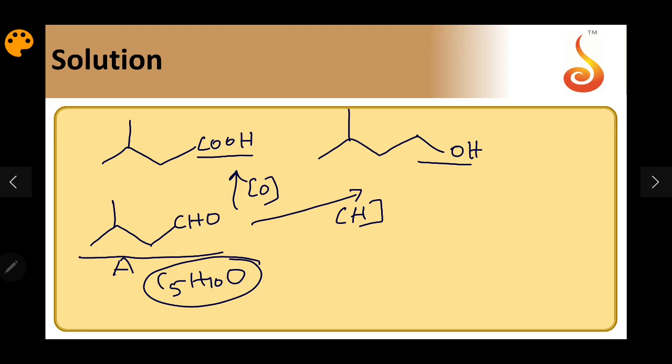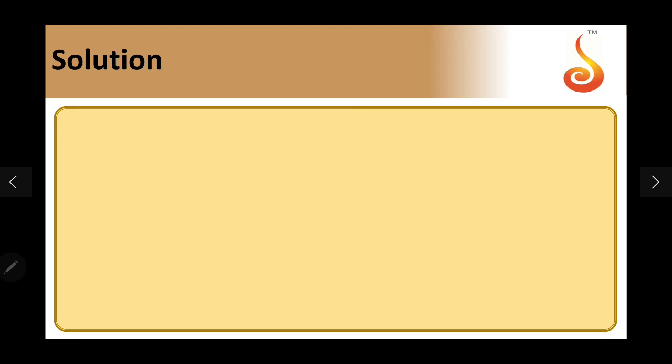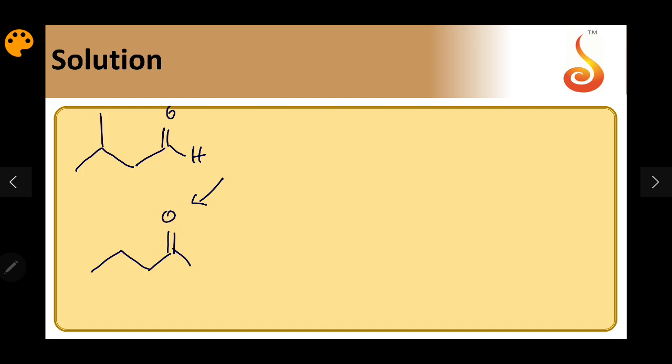Now we'll write the Tishchenko product for compound A. So the compound A, the aldehyde, is like this. So the oxidized product I'll write separately here, COOH, and the reduced product I'll write from the opposite side.